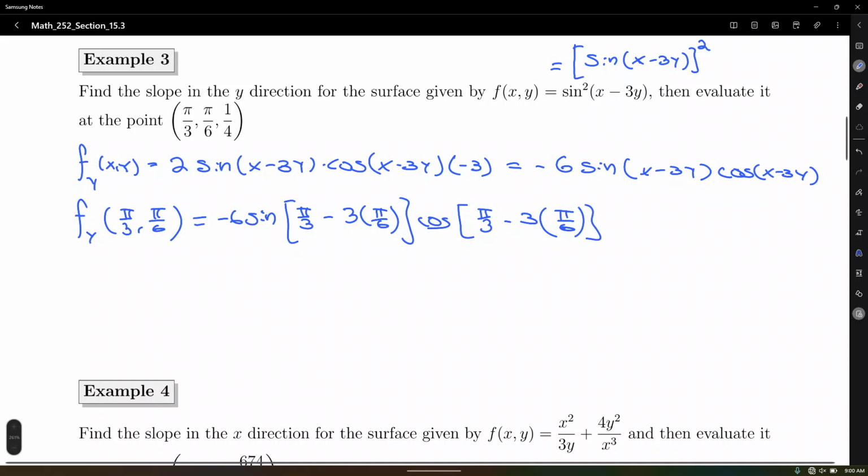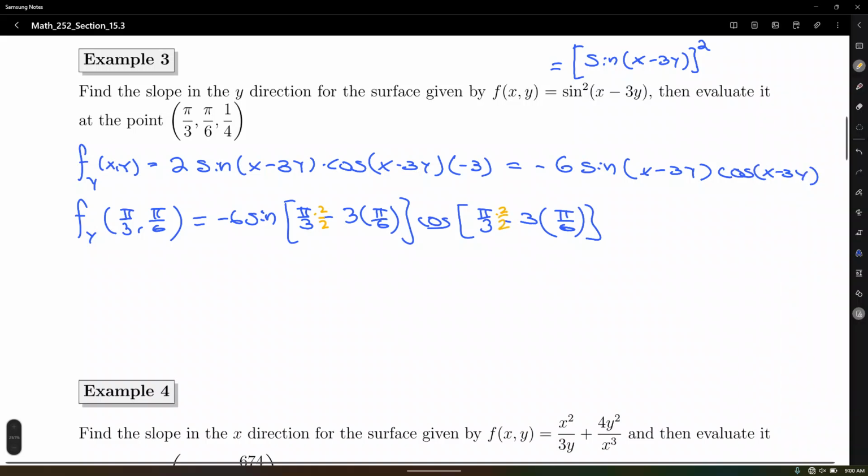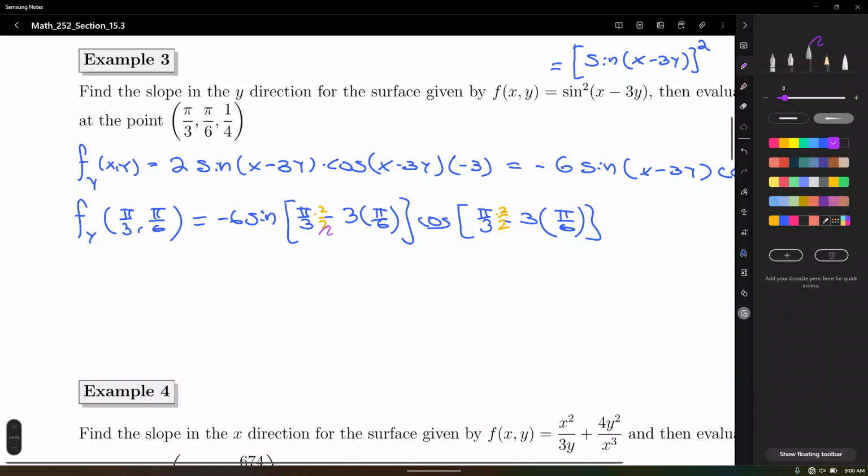Well, actually, it would be better if I multiply by 2 to get all denominators 6. So that'll be, in essence, 2 pi over 6 minus 3 pi over 6. Isn't that negative pi over 6? So let me change this to all negative pi over 6. Negative pi over 6.